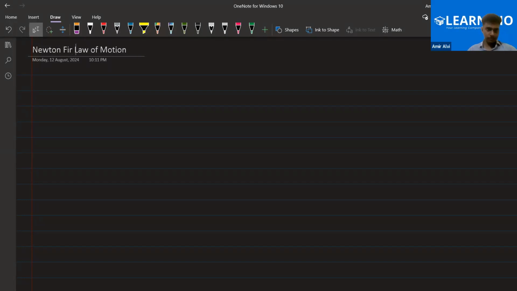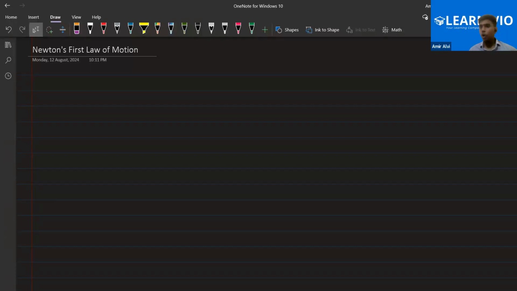As you know, almost 90% of physics is based on Newton's three laws, right? He was a very great scientist and a physicist as well. So we are going to study the three laws given by Sir Isaac Newton.